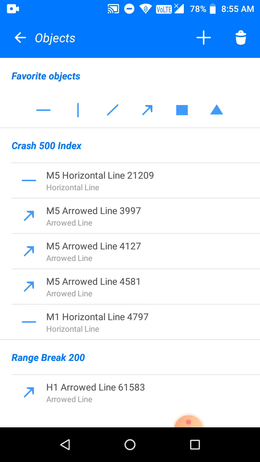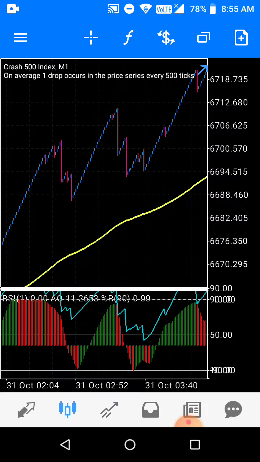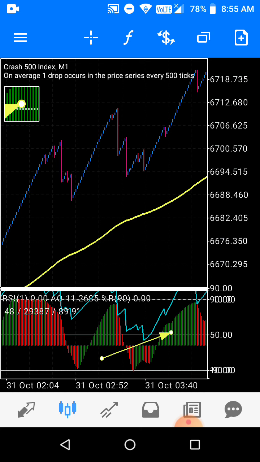So as you can see here, the Williams percentage range was within our level 50. It just crossed 50 a little bit, then it started going back. This is a very good setup for you to take your trade in. Once it reaches the 50 level just like this and starts going back, make sure your awesome oscillator is also going back.